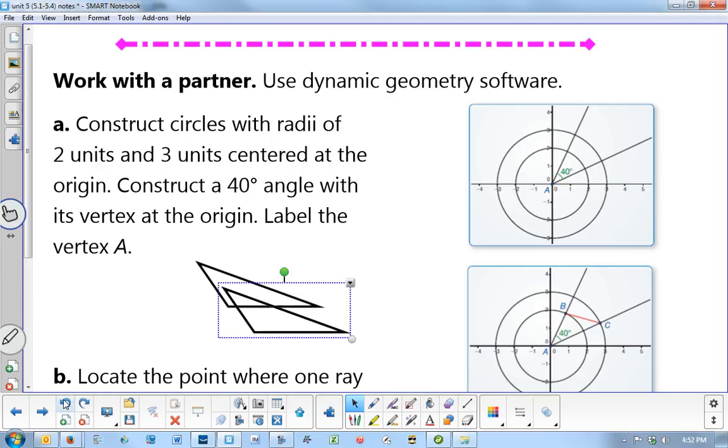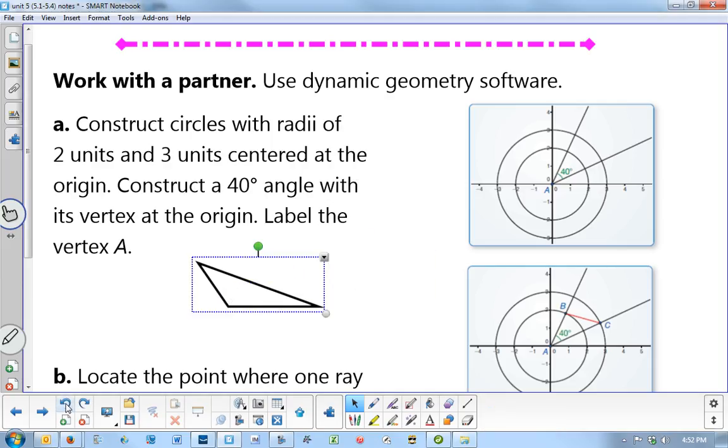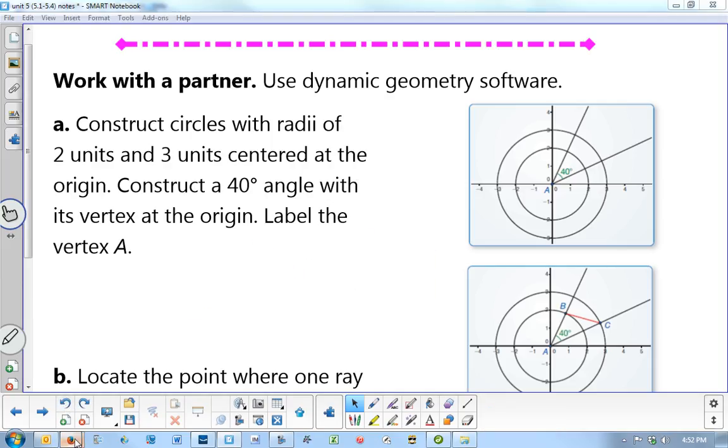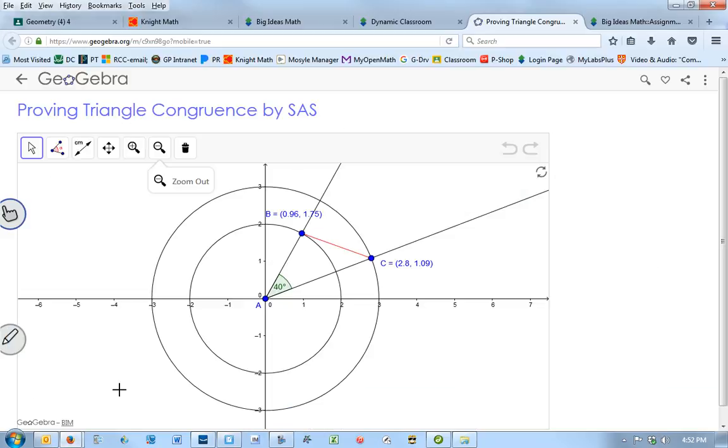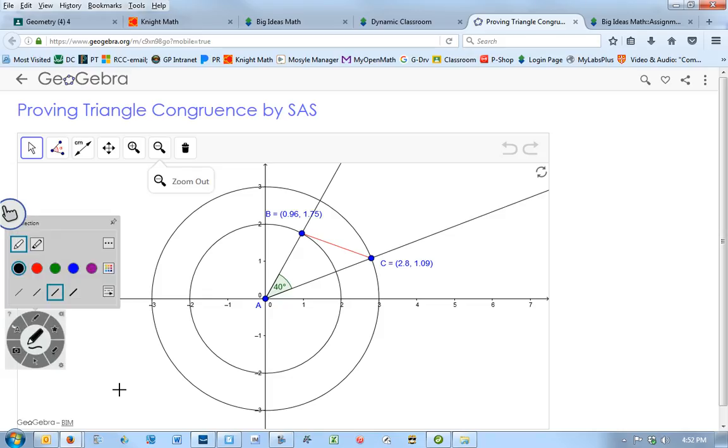To do that, we're going to look at a GeoGebra example. Let's get that going. Here I've got a triangle, and right now we've got this angle set to 40 degrees.